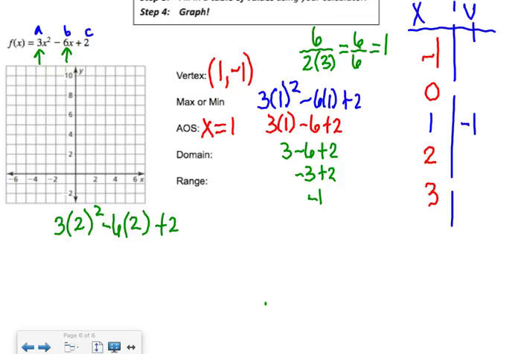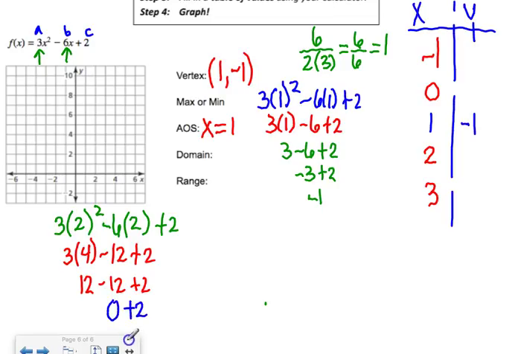Now we're just going to work it all out. 2 squared is 4, so I'm left with 3 times 4 minus 6 times 2, negative 12 plus 2. 3 times 4 is 12. 12 minus 12 plus 2. 12 minus 12 is just a big old goose egg, plus 2. 0 plus 2 is 2.